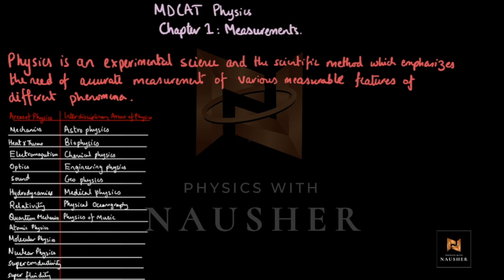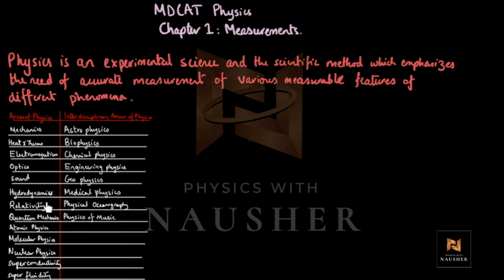The moment you go into applications, you're applying it, right? And you're applying it as an overlap with other disciplines. So that is an interdisciplinary area of physics. For example, you have seen medical physics a little in applications. So areas of physics should be very clear.